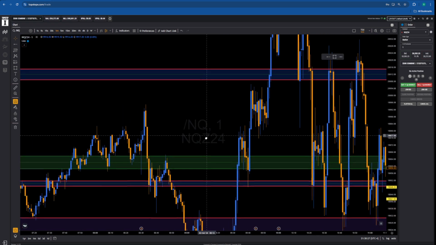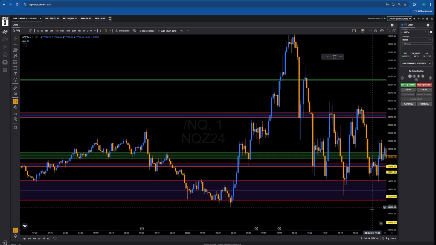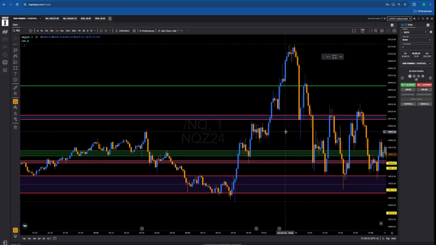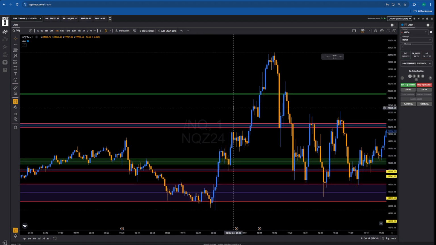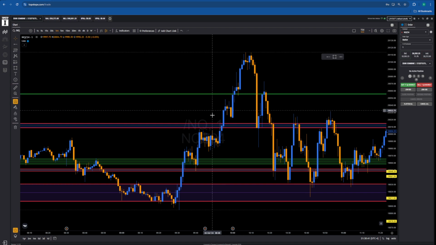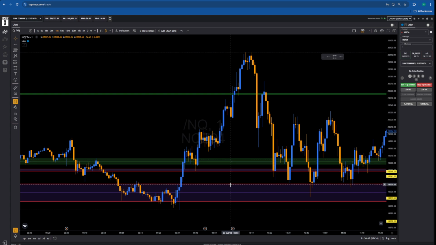So let's see. As you see, when the market opened in the morning, it just blasted through. I'll just remove these ones because these are the next day's levels.